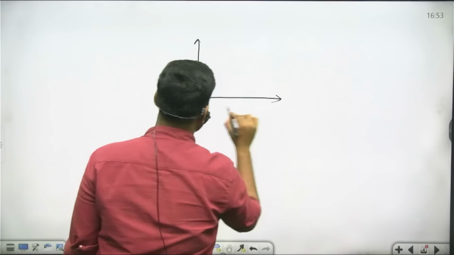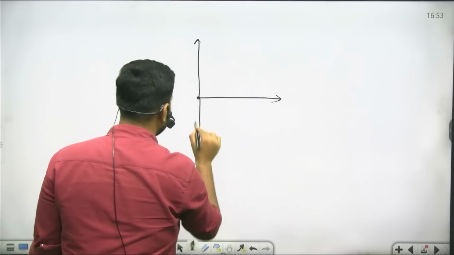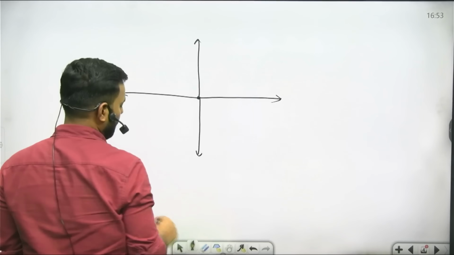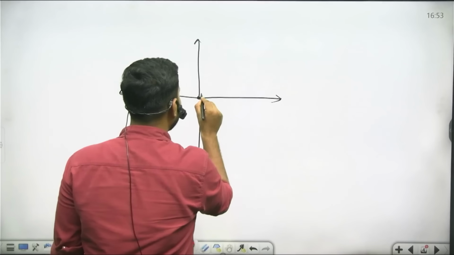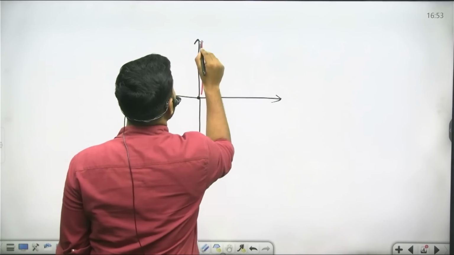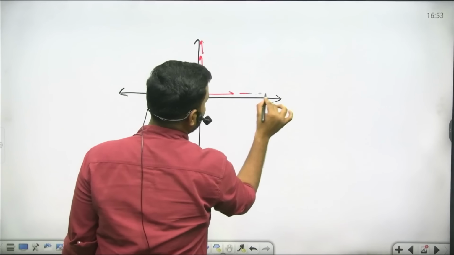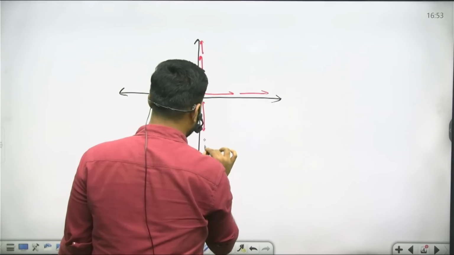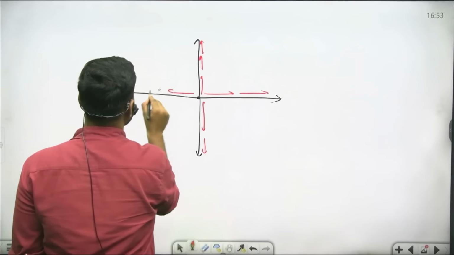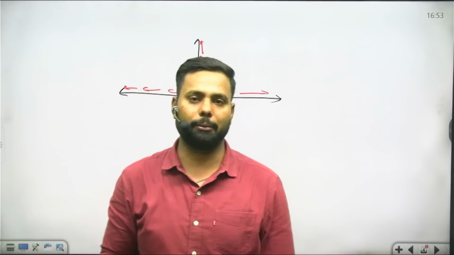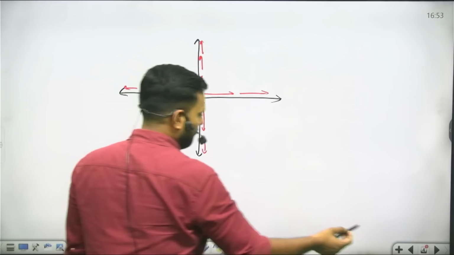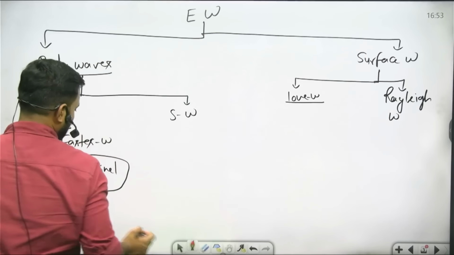So the longitudinal waves, in the context of P waves, are moving parallel to the energy waves. ये जो एनर्जी वेव का प्रोपोगेशन हो रहा है इसके पैरेलल जो वेव चल रही है, that wave is known as the P wave, and it behaves like a sound wave.